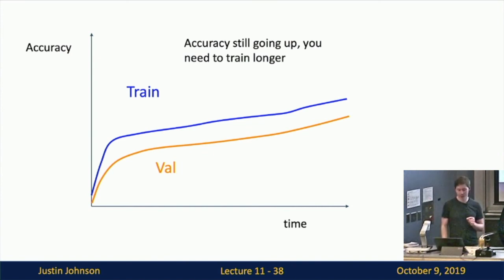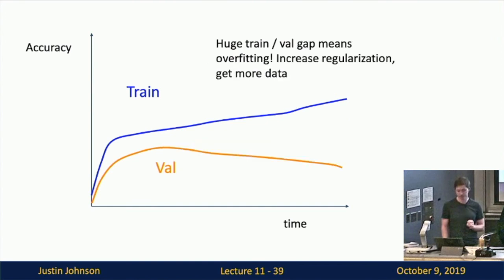If you see a shape like this, with some non-trivial but maybe healthy gap between train and val, and they're both continuing to go up, it means things are going well, and you just need to train for longer. It looks like these curves are still going up, so hopefully whatever you're doing, keep doing it for longer, and your models will continue getting better. So this is a curve that you like to see in these train and val plots.